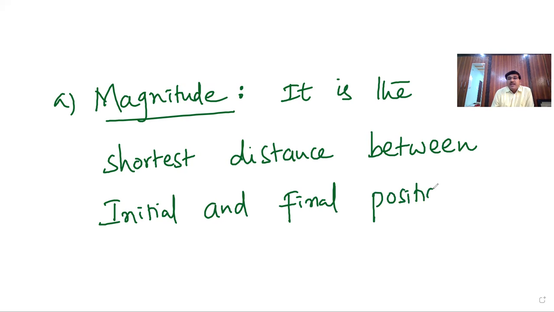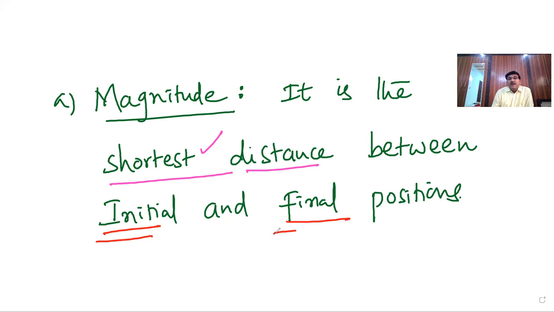Initial and final position. How is the clarity in this? Very, very important. It is the shortest distance. Shortest distance between which positions? Initial position and the final position. This is nothing but the magnitude.